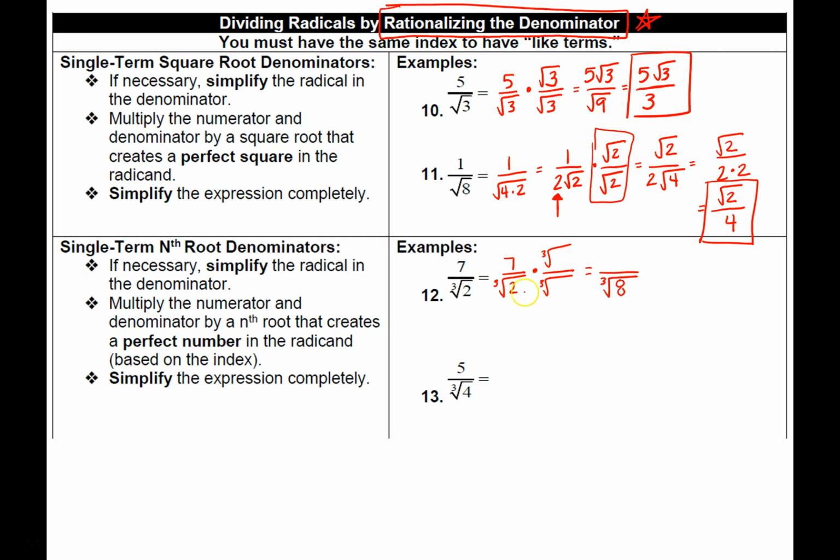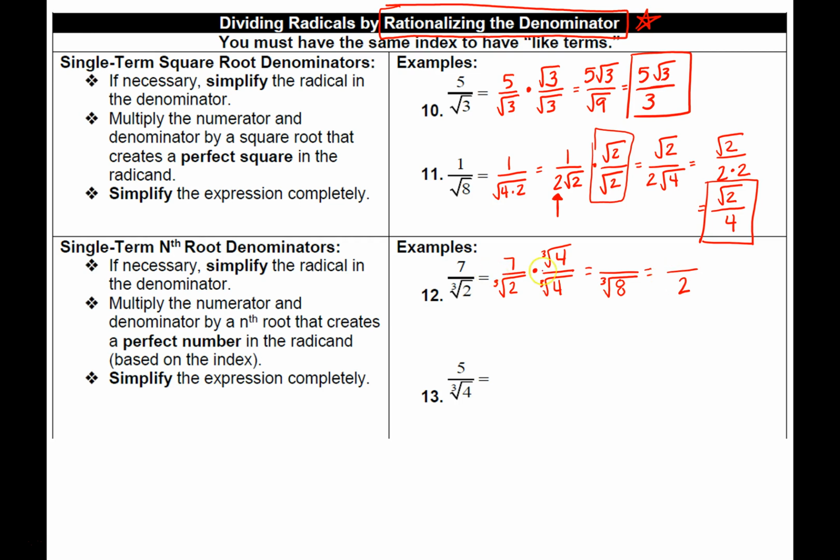So I need to do 2 times what is equal to 8. And that's 4, so that's what I'm going to multiply on top and bottom, because that gives me 2 times 4 inside my radical, which is an 8. In my next step, I'm going to take the cube root of 8, it's going to be a 2, and then I don't have a radical anymore, which, remember, is my goal.